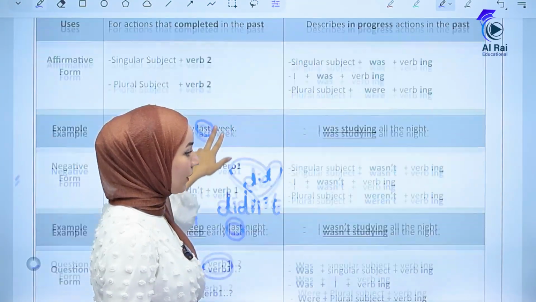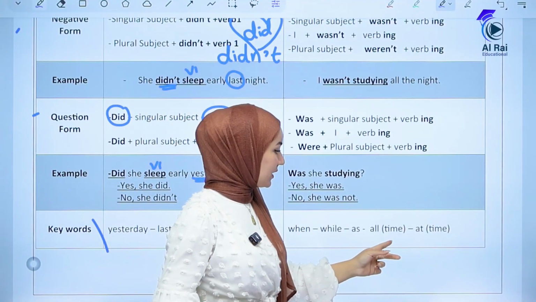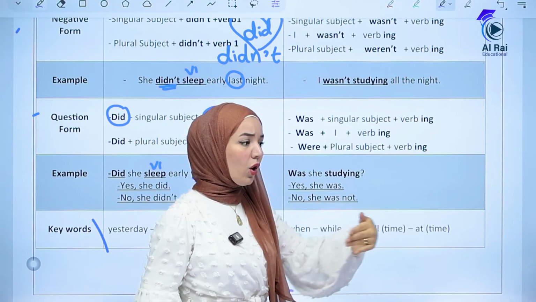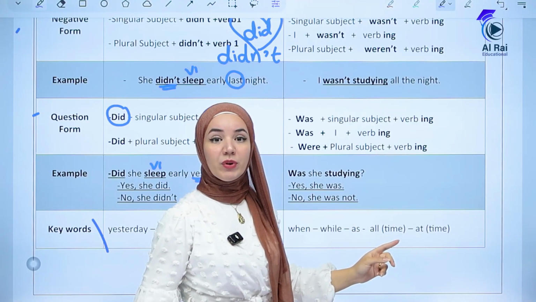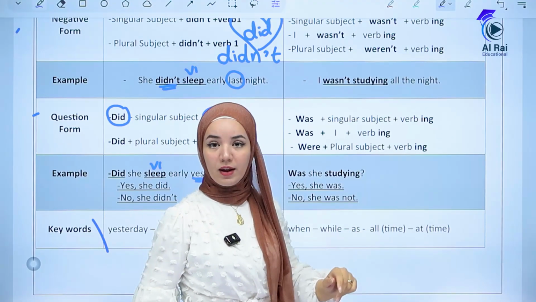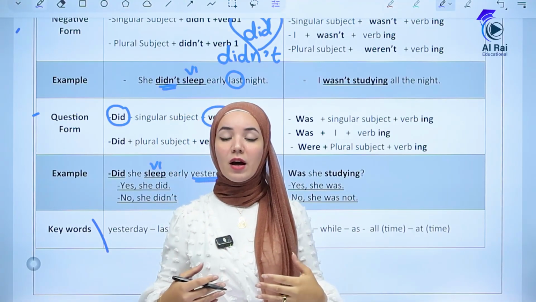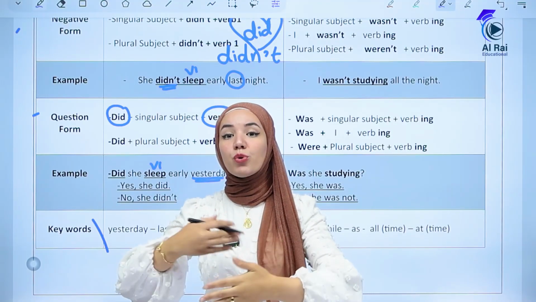For example, okay, look at the keywords: all and any time. For example, all night. I was studying all night. I was cooking all day. So this shows me that I'm talking about an action in the past, but it was in progress.